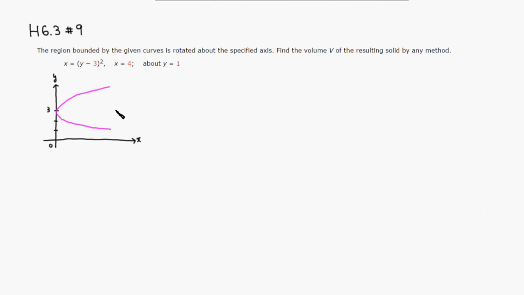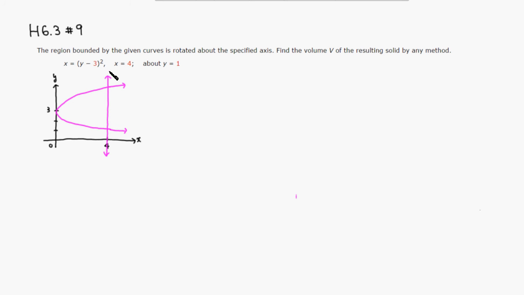Then I'm going to maybe extend it a little bit. So this is a sideways parabola, and x equals 4. 4 is probably about here. So x equals 4 is just a vertical line at x equals 4.